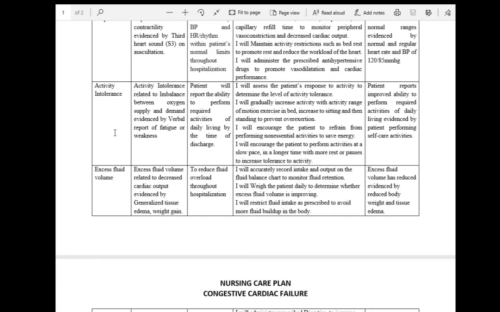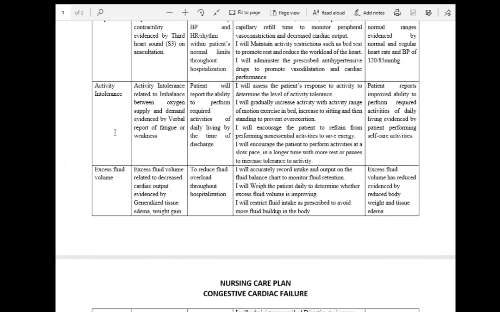So the patient will not be able to tolerate certain activities of daily living because there is reduced oxygen supply, which will result in fatigue and weakness. So that's our problem. And then for nursing diagnosis: activity intolerance related to imbalance between oxygen supply and demand, evidenced by verbal reports of fatigue or weakness.